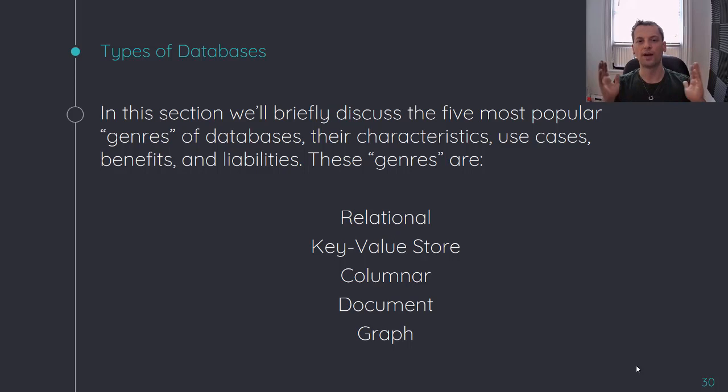So, the 5 genres of databases. I'm going to start with a little caveat. Obviously, databases are a pretty diverse technology that have existed for many decades now. These 5 genres don't account for everything, and even within these genres, there's going to be a fair amount of variation.